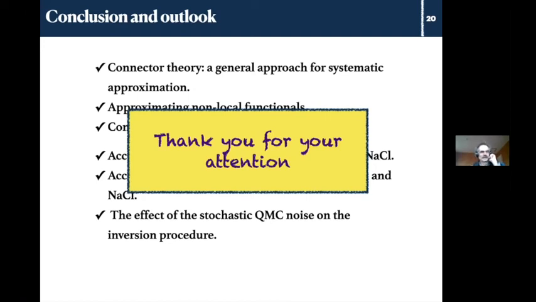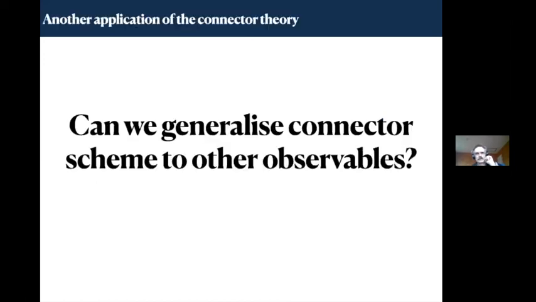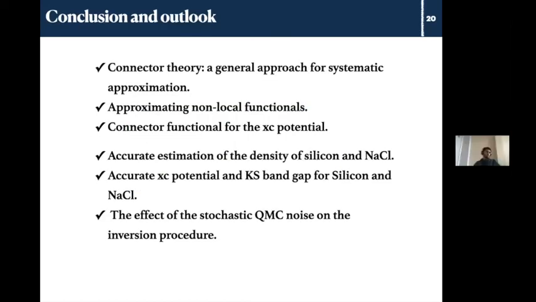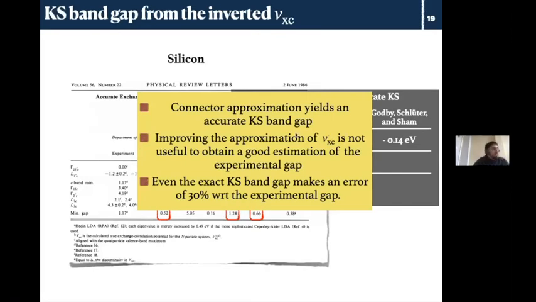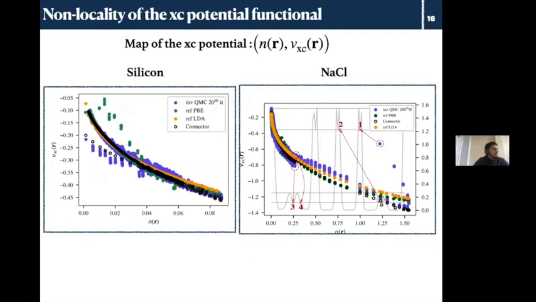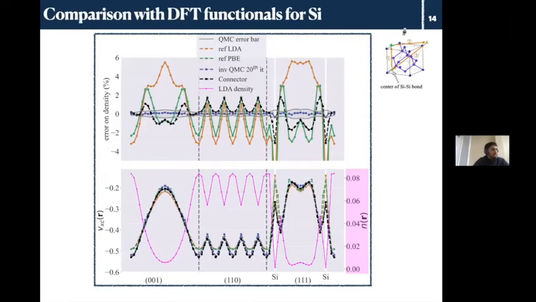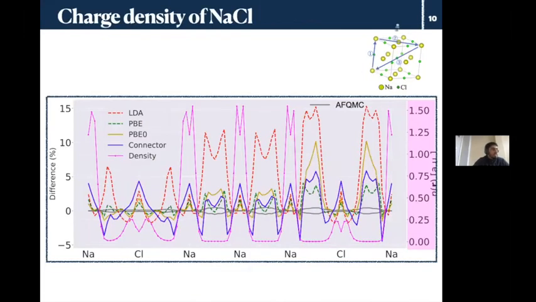The results look impressive, but I'm not sure that I understand the connector method. Would you be so good as to re-explain that? Yes. The main idea is inspired from the LDA.